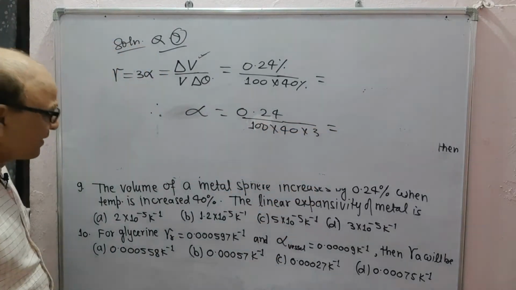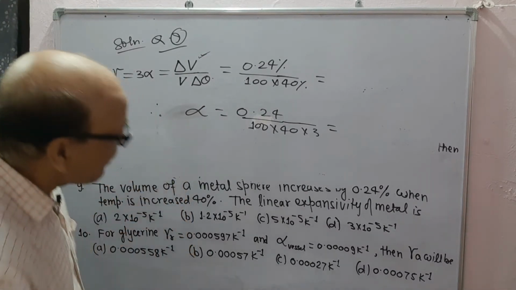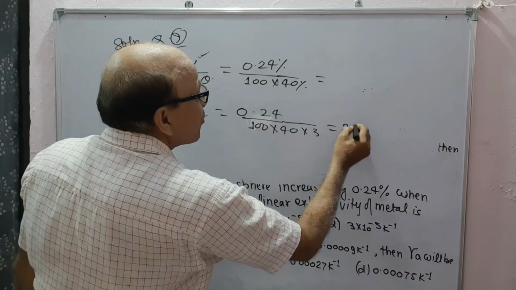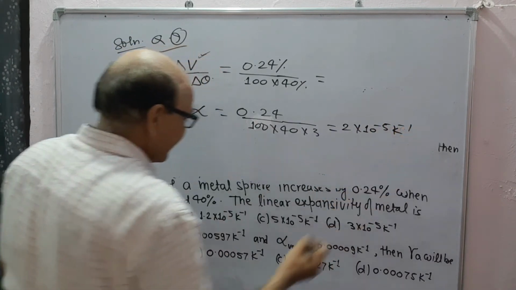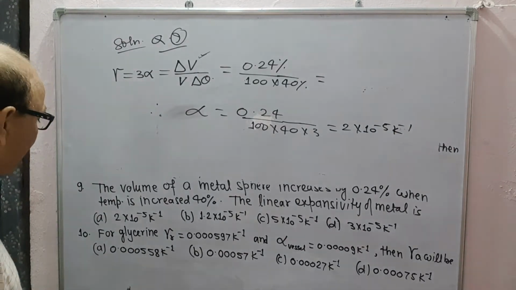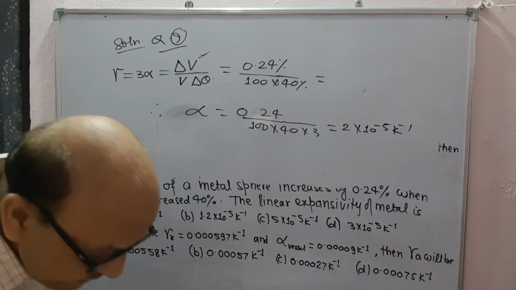On simplification, it gives 2 into 10 to minus 5 per Kelvin. Therefore, the correct option will be A.